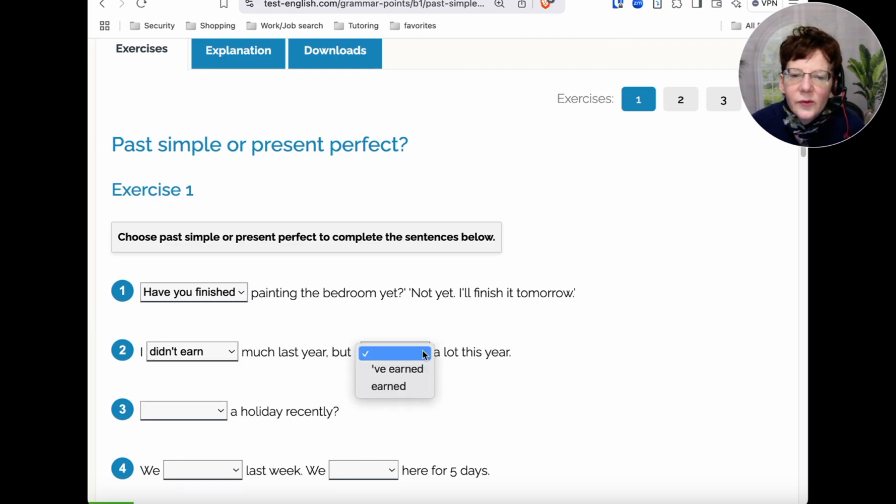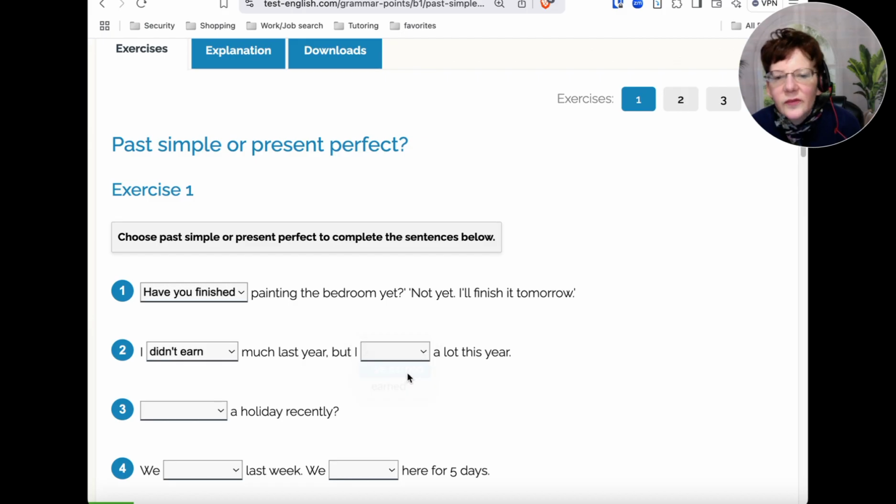Okay, so talking about when a time is still continuing, it hasn't ended yet. So then, which do we use? Okay, would it be the top one? I've earned a lot this year. It would be the present perfect.